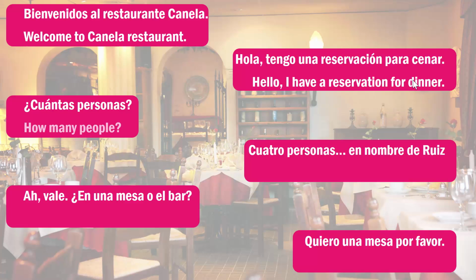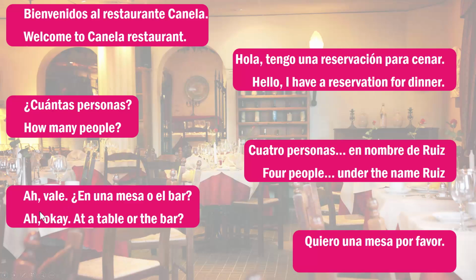¿Cuántas personas? How many people? 4 personas. En nombre de Ruiz. Do you remember what nombre means? It means name. 4 people under the name Ruiz, in name of Ruiz. Ah, vale. ¿En una mesa o al bar? Okay. At a table or the bar? You'll notice that vale is a way that you could say okay in Spanish.